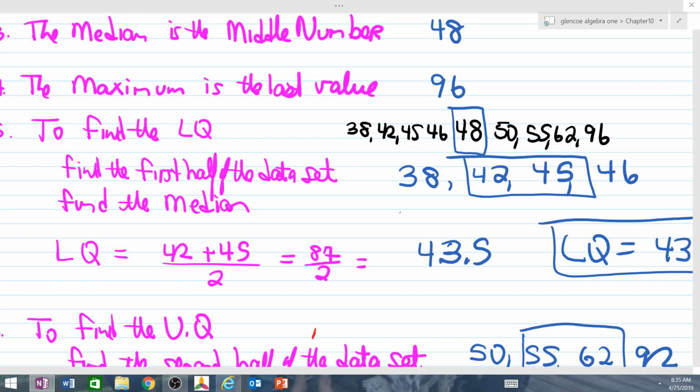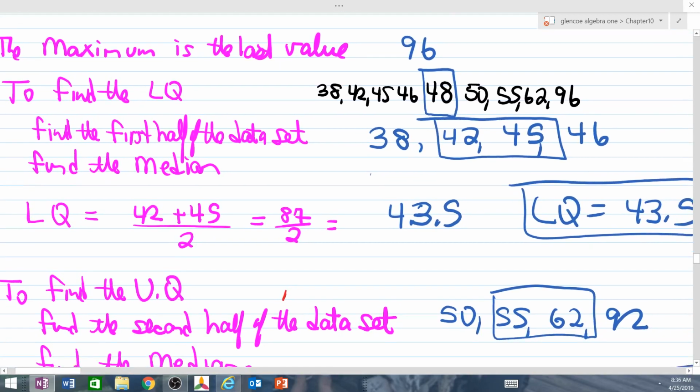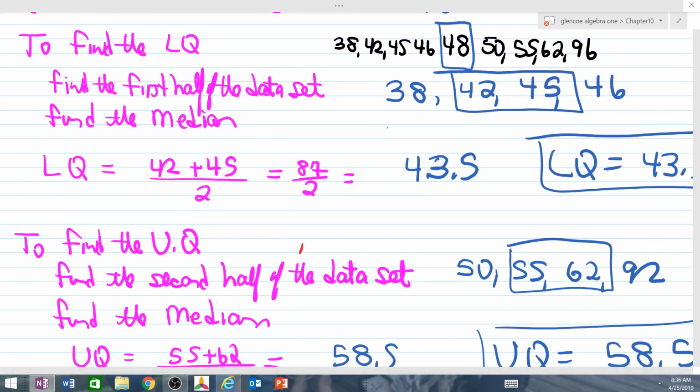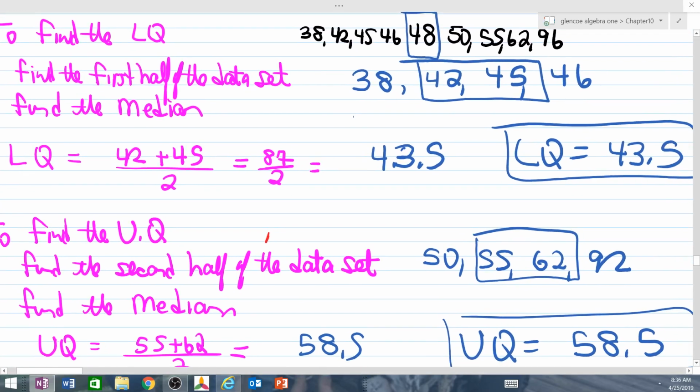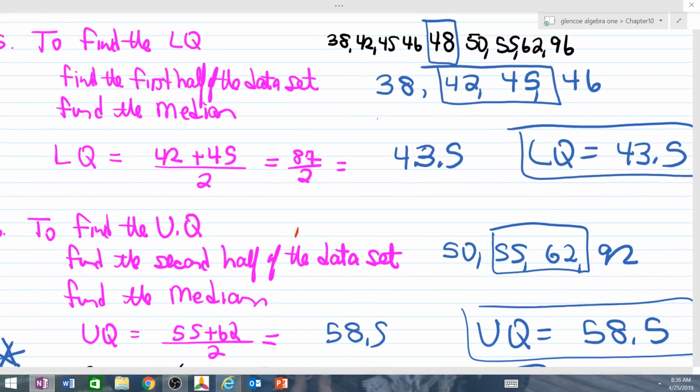So the first half of the data set would be 38, 42, 45, and 46. The lower quartile, by definition, is the median of the first half of the data set. Since there are 2 middle numbers, we would add 42 plus 45, divide by 2, and the lower quartile is 43.5.